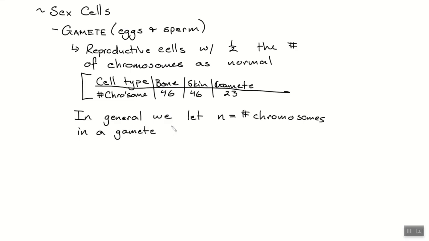For human beings, if we're looking at eggs or sperm, what is that number n? In a sperm cell, we don't have 46. We only have 23. Which means in other non-gametes, you have twice as many, 2n.